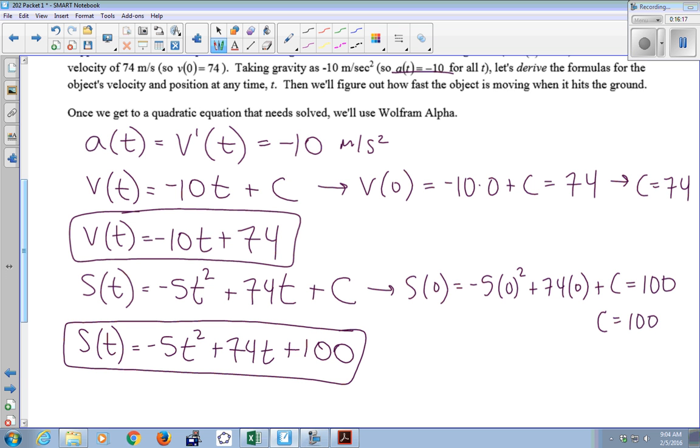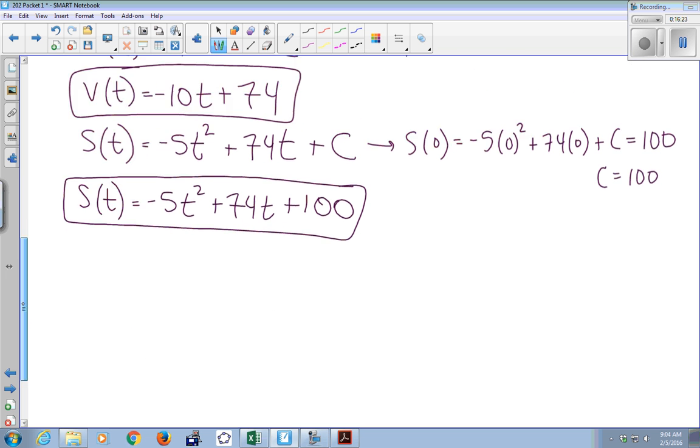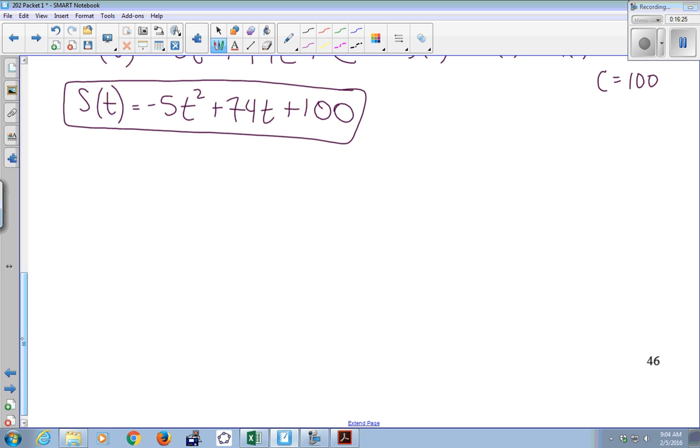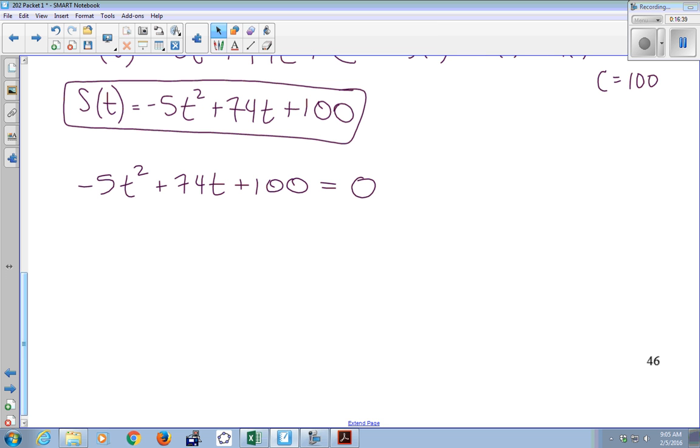When what's equal to 0? Yeah. Distance or position, yeah. Okay, so I need to figure out what time it hits the ground at. So I've got -5t squared plus 74t plus 100. When does that equal 0? Because that would be the object is on the ground now. Because s of t is position above the ground.